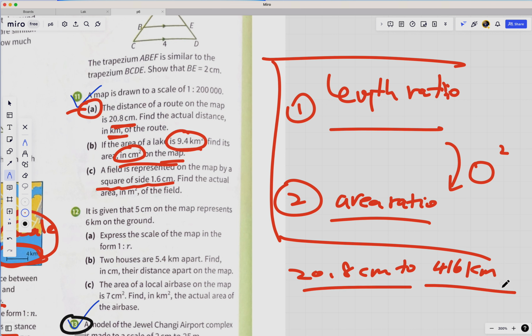How you get this? First times 200,000 and then convert to km. You see? That's your problem.